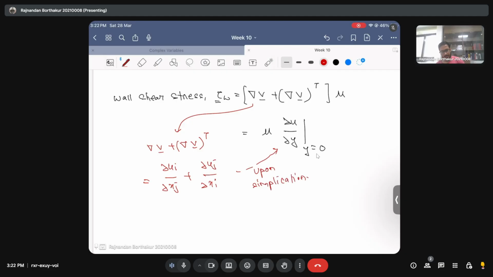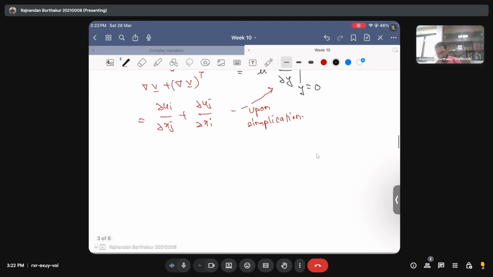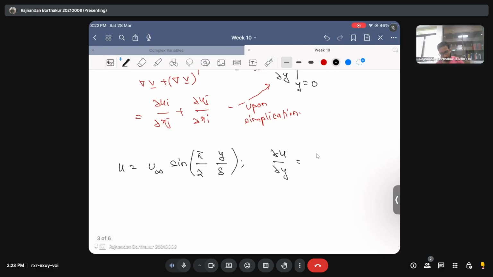Anyways, now let's evaluate this wall shear stress. So we know that u is equal to u infinity times sine of pi by 2 times y by delta. So let's calculate del u by del y. Del u by del y is the partial derivative of u with respect to y, and this will simply come out to be equal to u infinity times pi by 2 delta, cos of pi by 2 y by delta.